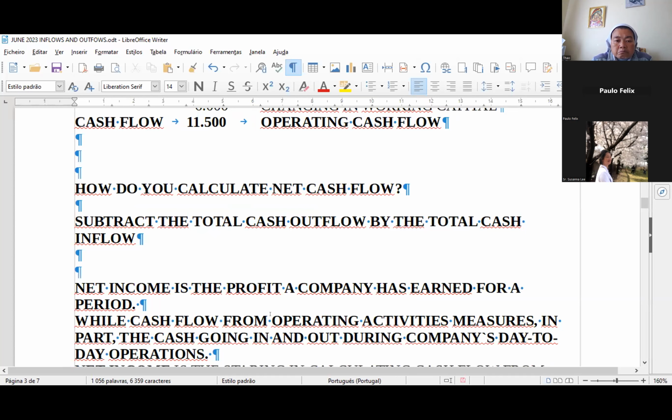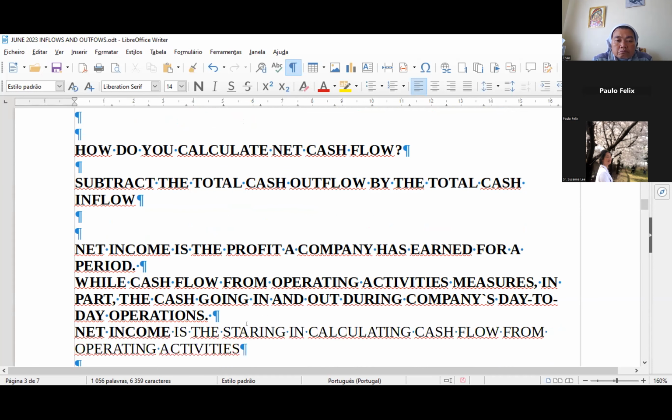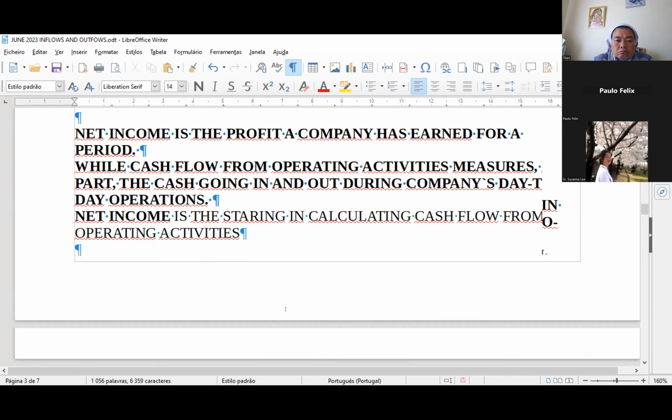While cash flow from operating activities measures in part the cash going in and out during a company's day-to-day operations. So net income is the starting point in calculating cash flow from operating activities.